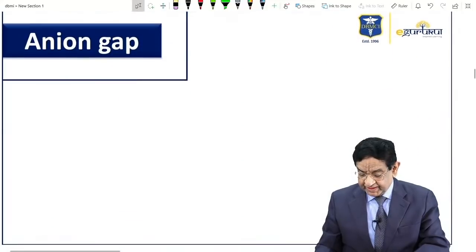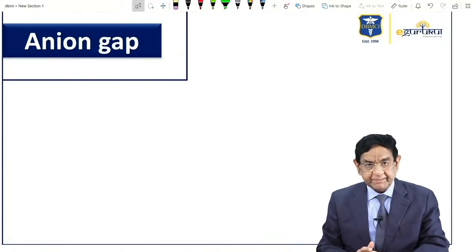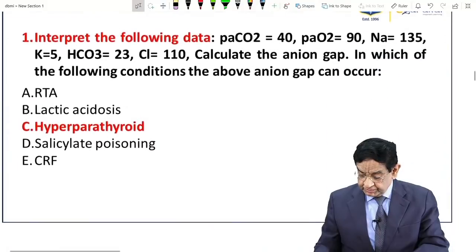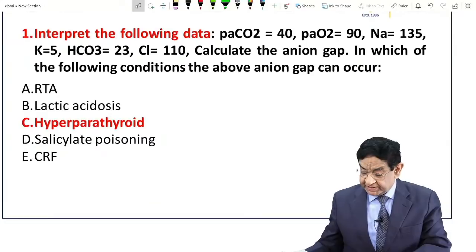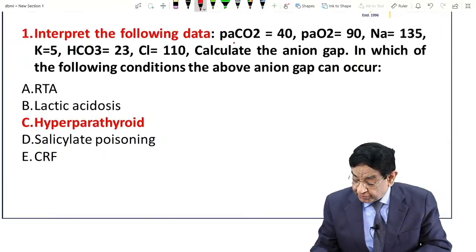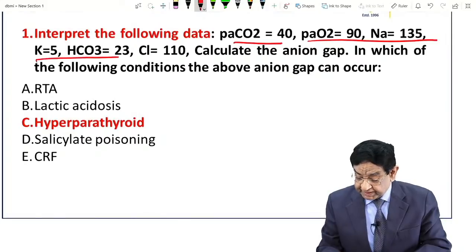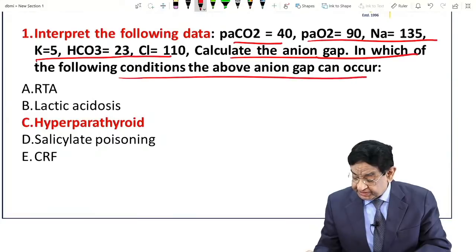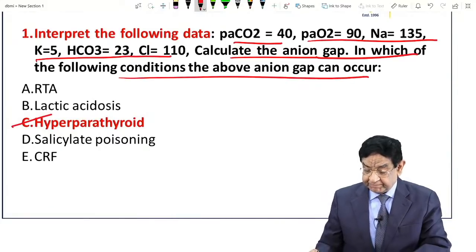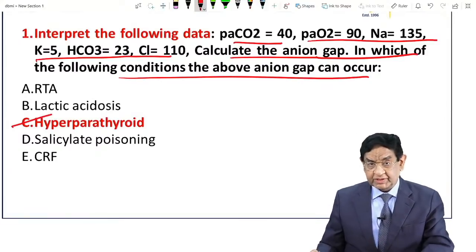Okay, I hope things are very, very simplified. Now let's talk about anion gap. We have a question: interpret the data, CO2 is 40, O2 90, sodium, potassium, bicarbonate, chloride. Calculate the anion gap and what condition you can see. The answer is hyperparathyroid. Why is this the answer, why not others?